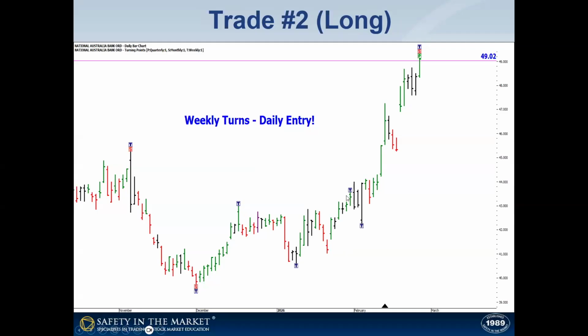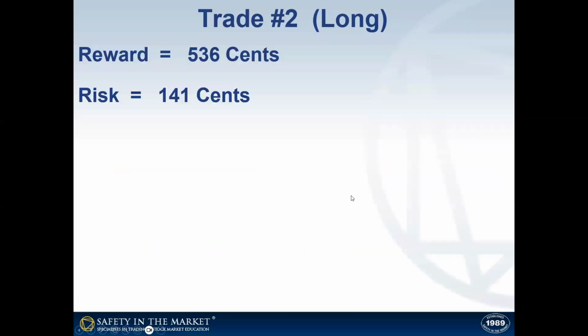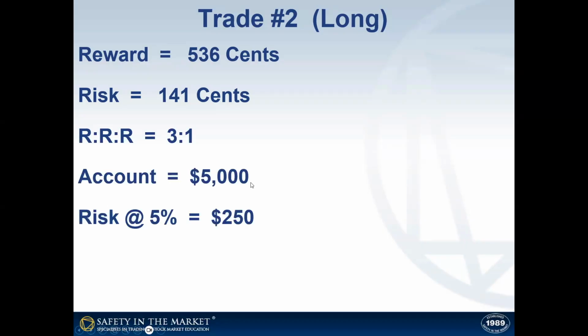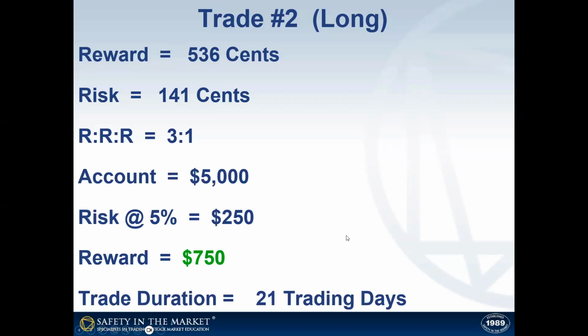So the risk will be slightly bigger, and thus the reward to risk is only a 3-to-1 this time. There's our account. I haven't added to that account there. So our reward is $750 that time with 21 trading days for trade 2, that second long trade.